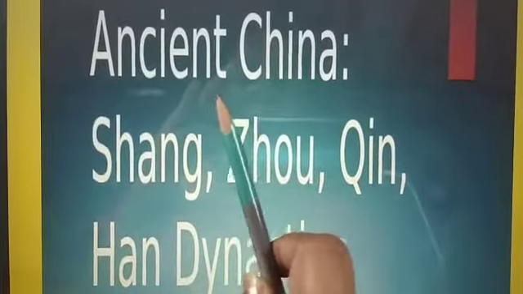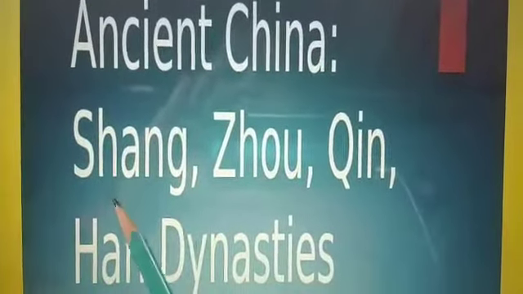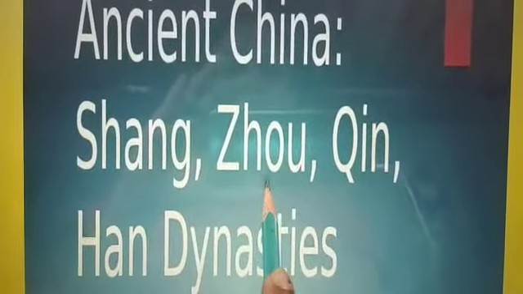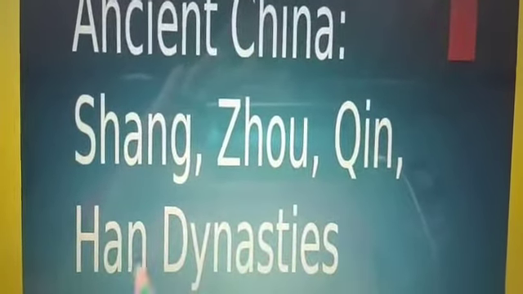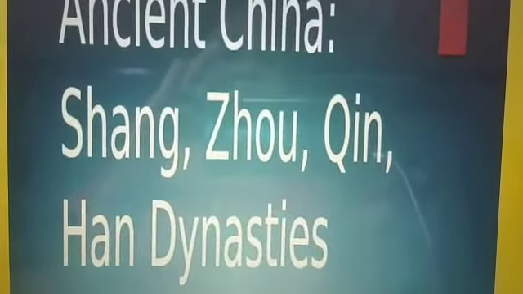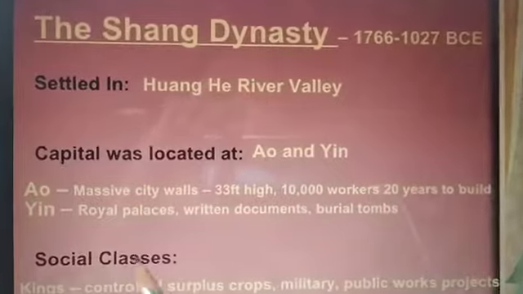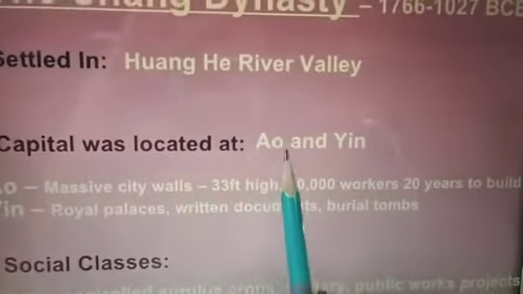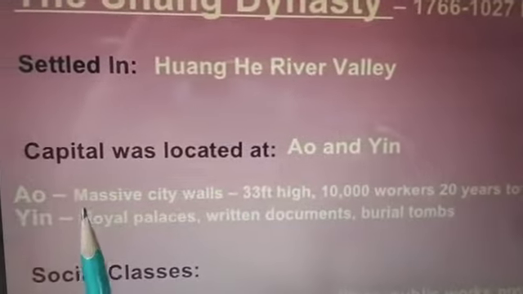There were dynasties of ancient China: the Shang Dynasty, the Zhou Dynasty, the Qin, and the Han Dynasty. The Shang Dynasty settled in the Huanghe River Valley, located at the Anyang Valley.